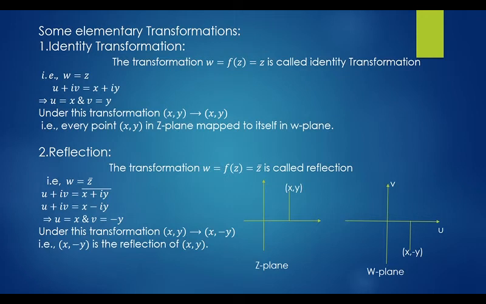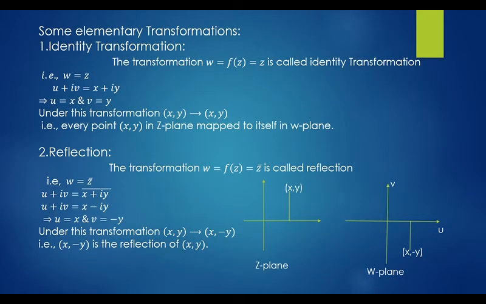Under this type of transformation, the point x comma y in the z plane is mapped to the same point x comma y in the W plane. That means every point x comma y in the z plane is mapped to itself in the W plane.